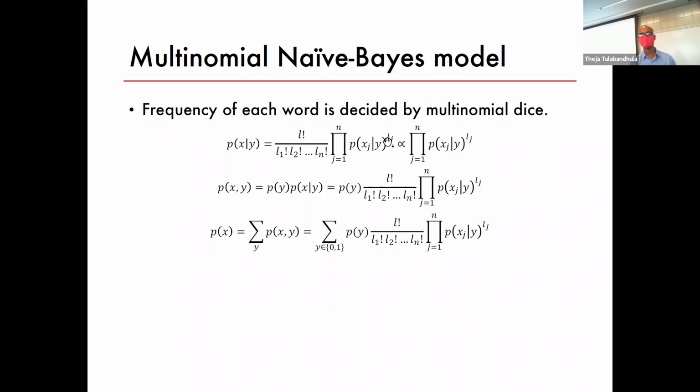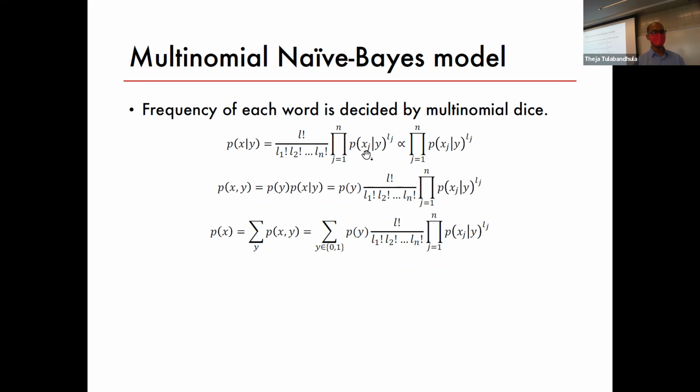Because of the power Lj, Lj will be 0 for many of the words that are not present. So if Lj is 0, then p to the power Lj will be 1, so that p will not be there. So that's a difference, and you will explore this difference in the assignment. In fact, one of the questions in the assignment is about what the difference is.